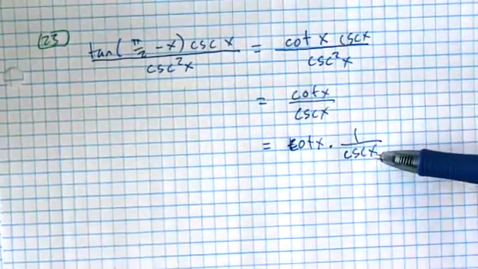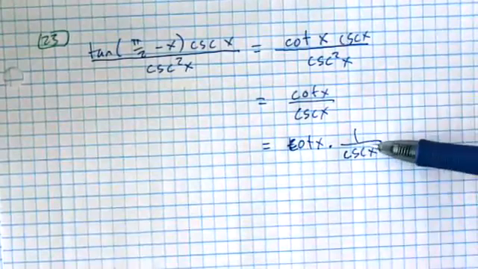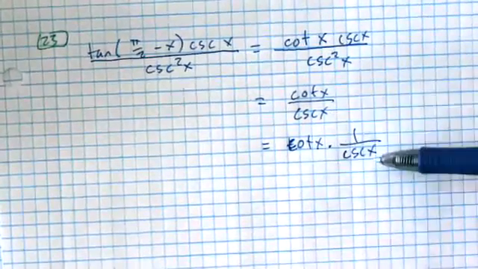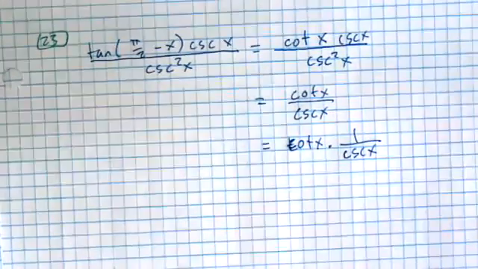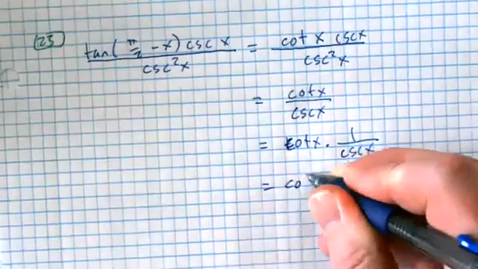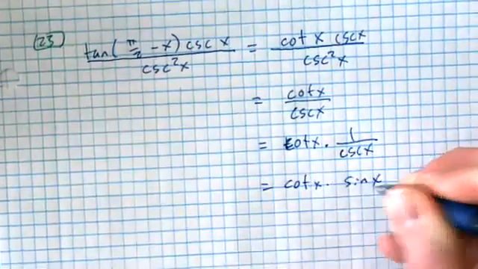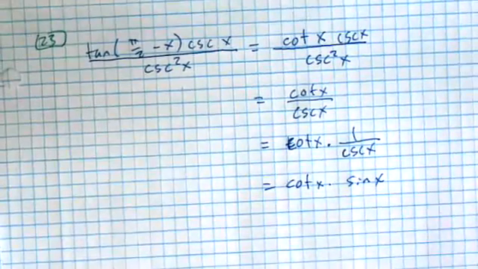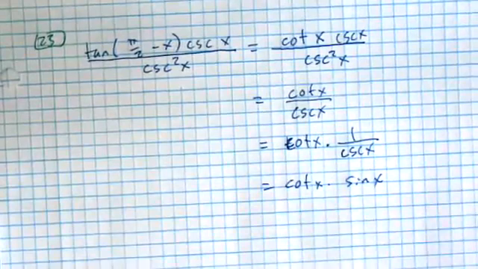That's 1 over cosecant is sine. So instead of having division by cosecant, I'm writing it as multiplication times the reciprocal of cosecant, and that turns into sine. So now I got cotangent x times sine x, and then I'm going to turn cotangent into a fraction, and I'll let you finish the last couple steps there. That should get you towards the finish.